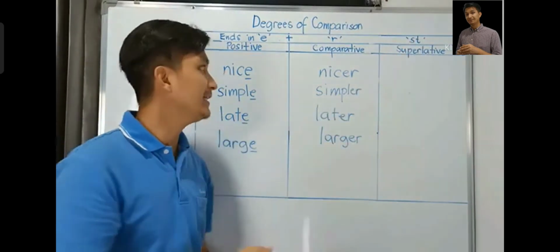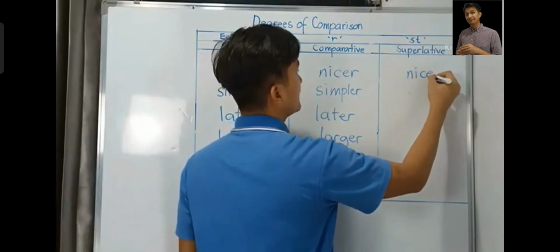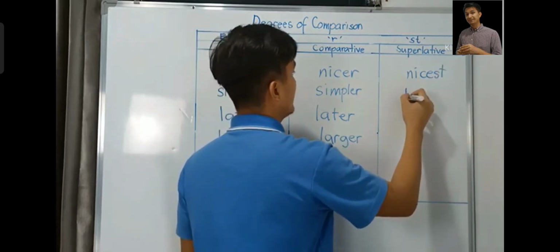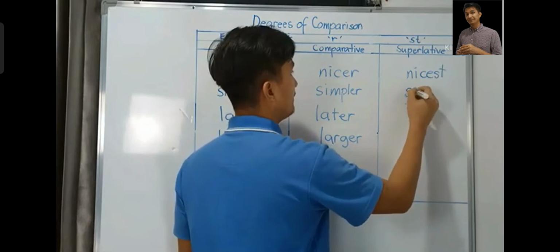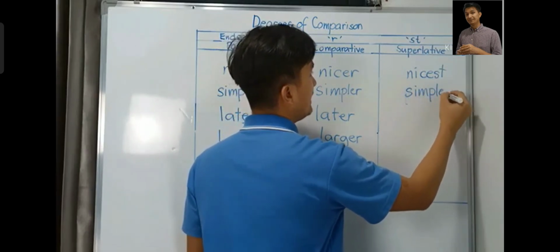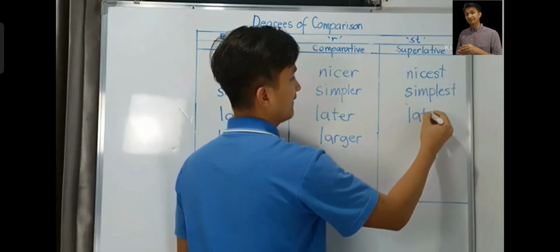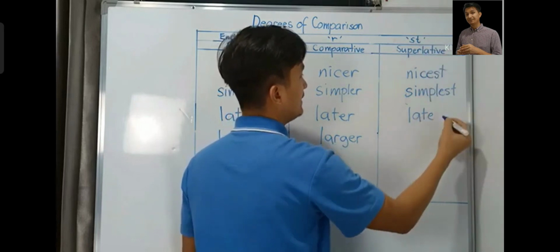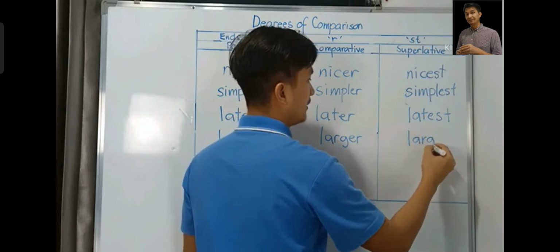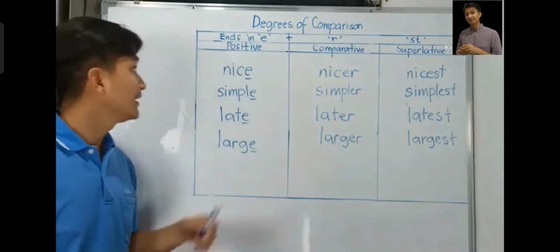Only add ST. So simple, write the word simple and add ST. Write the word late and add ST. Large, largest.